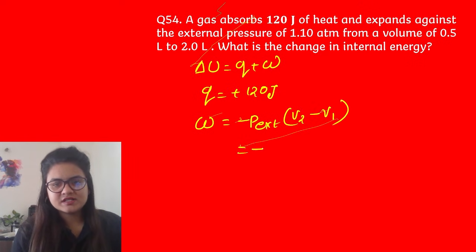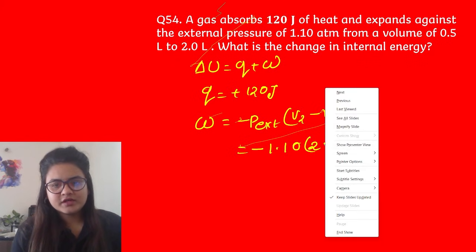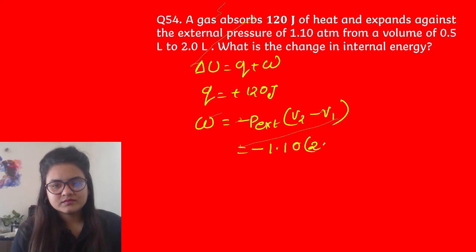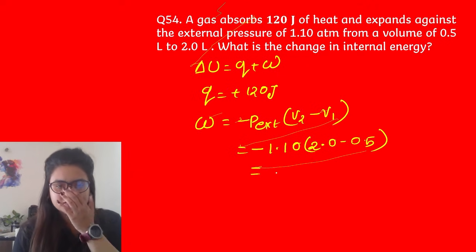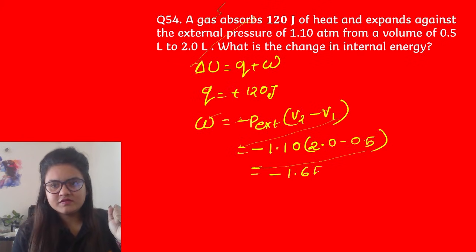Minus P external is minus 1.10 atmosphere, and what is the change? V2 is 2.0 liter minus 0.5 liter, right? Okay, so now if you just calculate this, it will come up to be how much? Minus 1.65 liter atmosphere.